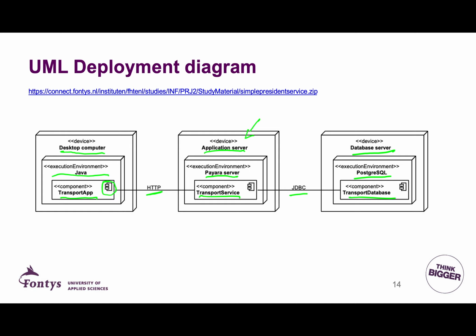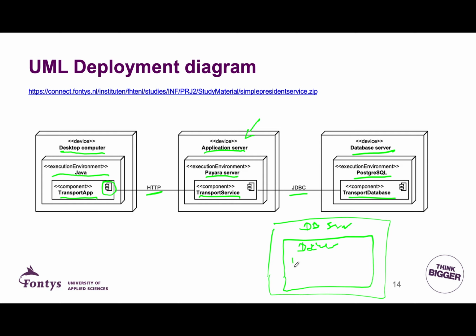Now imagine, in our cases we pretty often use Docker containers. If you have a deployment diagram and you want to emphasize that you're using Docker containers, then you have another node, of course. You have the first node, which is the database device, the database server. Then you have another one where you have your Docker container, then your Postgres database, and in there your transport database.